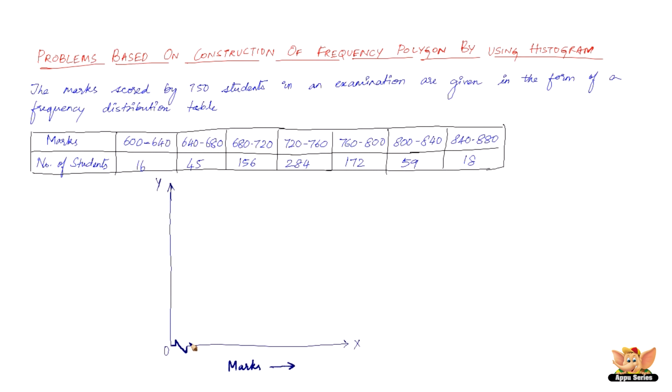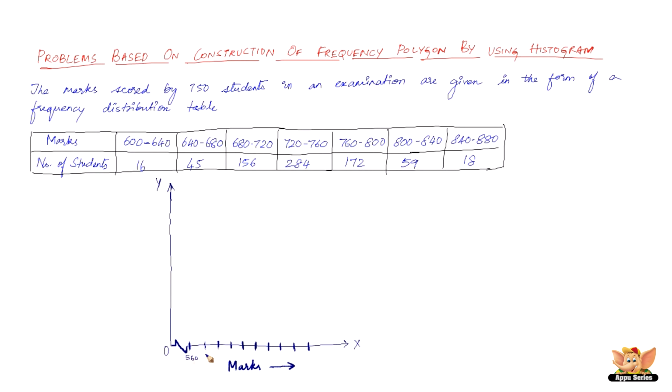So we start off with 560 here, and then we have 600, 640, 680, 720, 760, 800, 840, 880, and to end the same we also have 920 here. So this is the number of marks.